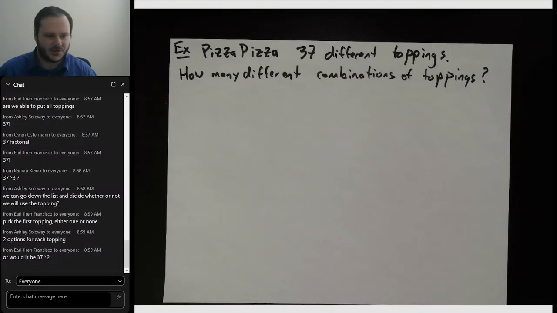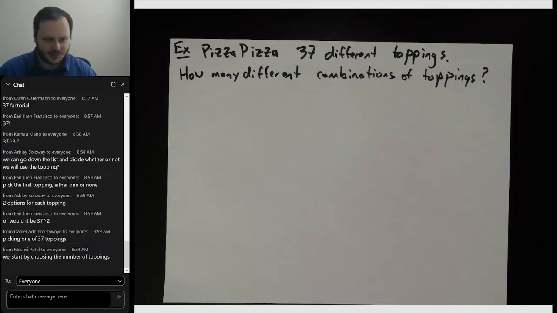Yeah, there we go. Got two different paths here. Two different paths, and I like it a lot.